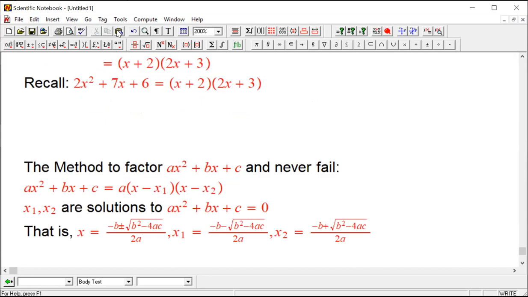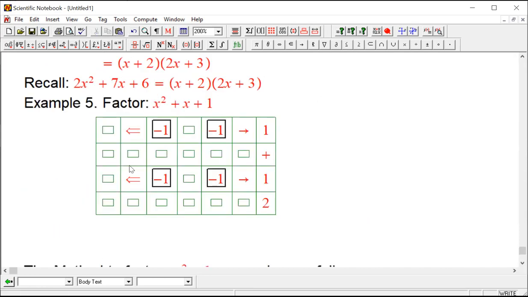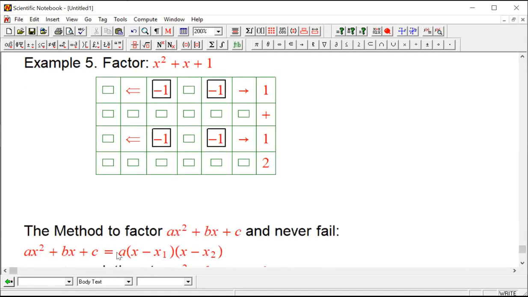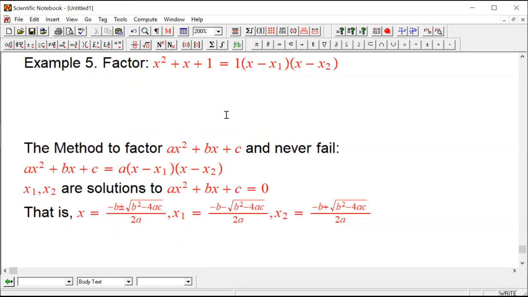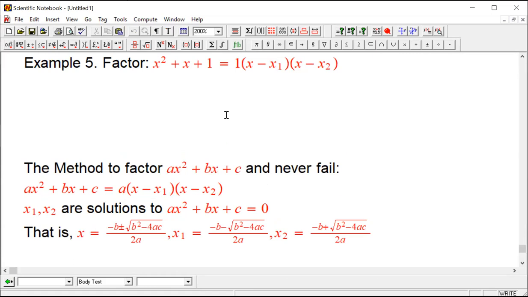Will this method work? The answer is yes, absolutely. In this case, a equals 1. It's just the simple method is not going to make it.